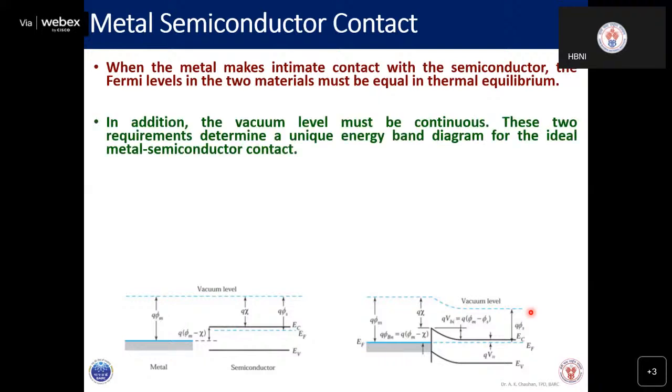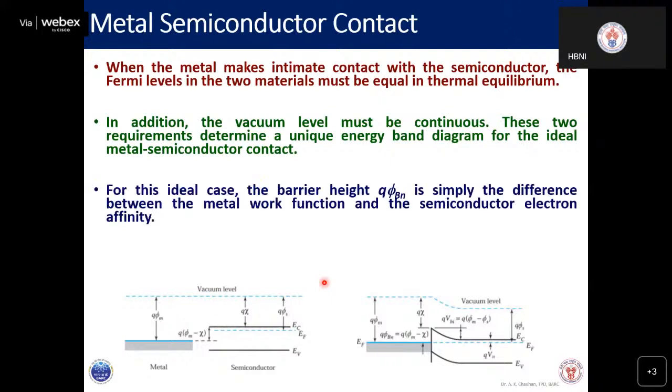In addition to that, the vacuum level must also be continuous. So these two requirements determine a unique energy band diagram for the ideal metal semiconductor contact.